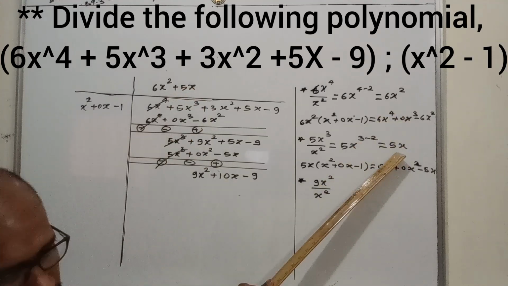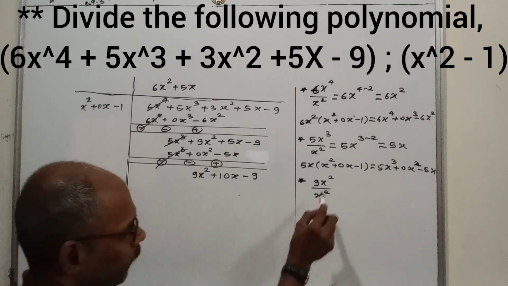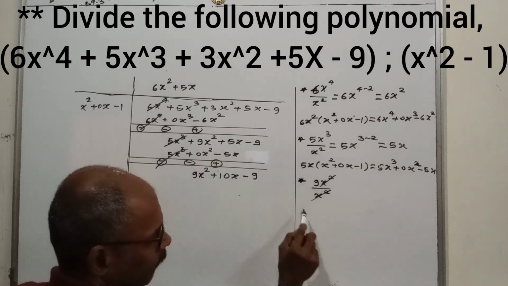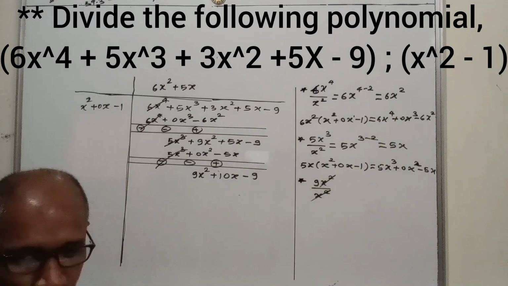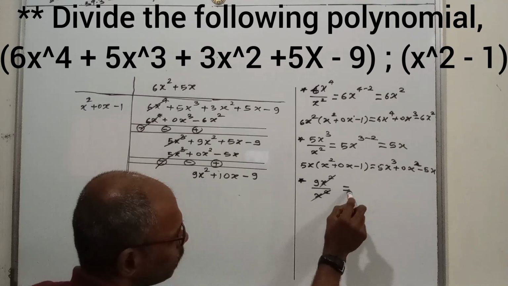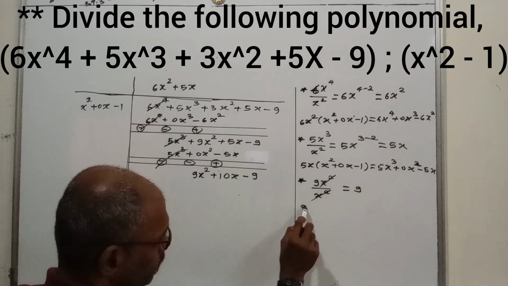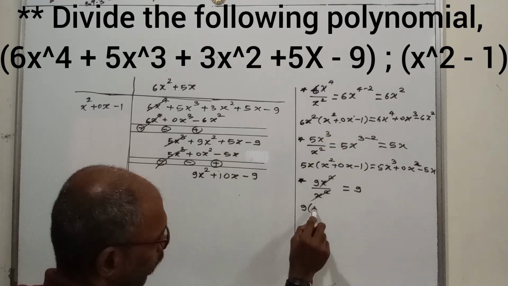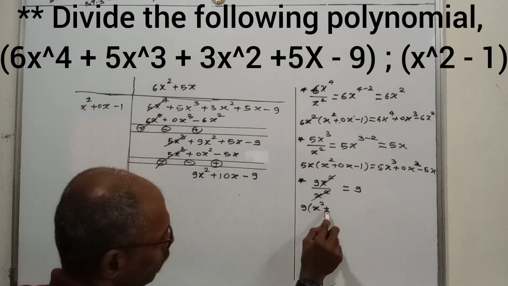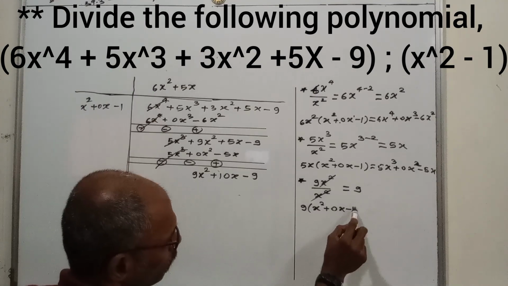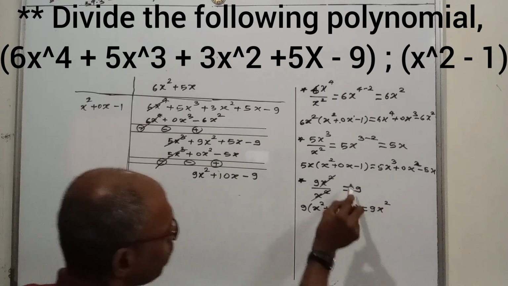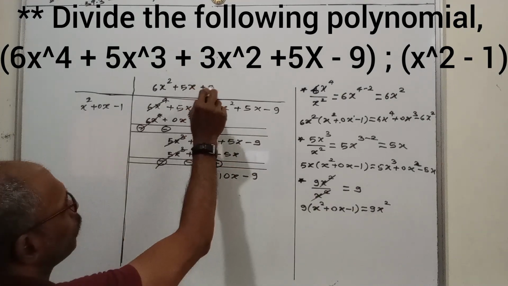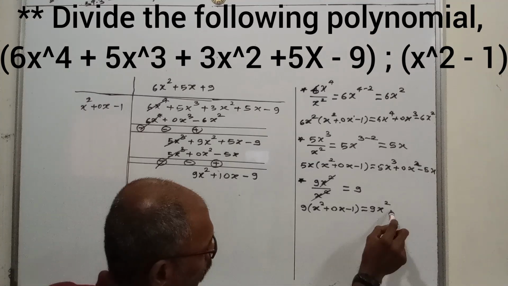Now this cancelled, so there is no need to use laws of indices. x square cancelled. We take this 9 again and our divisor, 9x square. First I will write here our quotient.